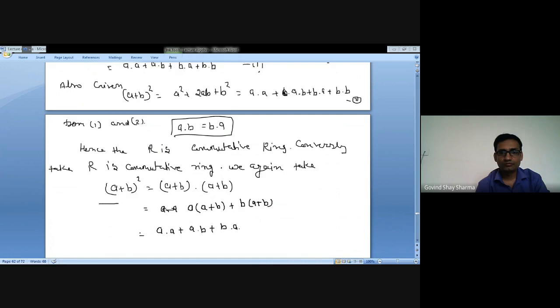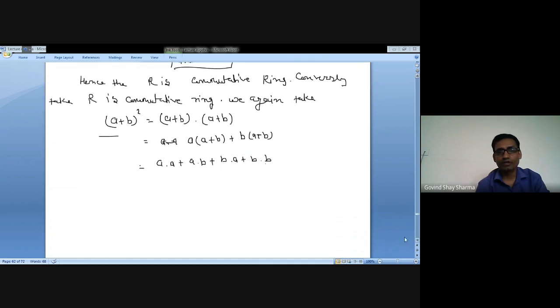We have the property a dot a is equal to a square. If ring, we have already proved that a dot b plus b dot a is this. Now given that R is a commutative ring, so a dot b is equal to b dot a.